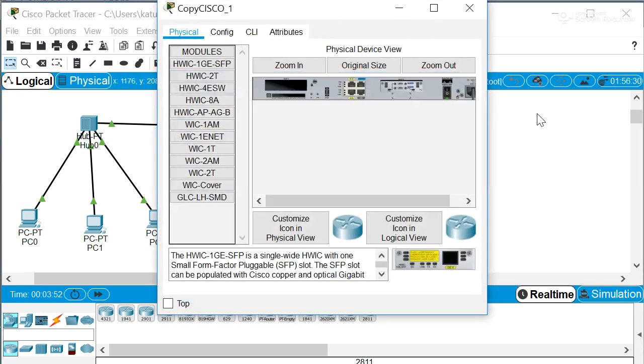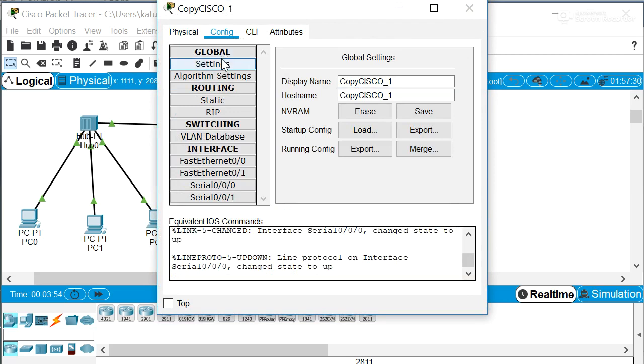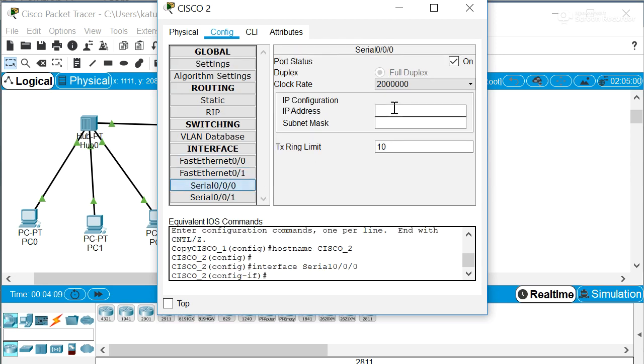Okay, then this one I need to change to Cisco 2. And the serial port 192.168.2.2.